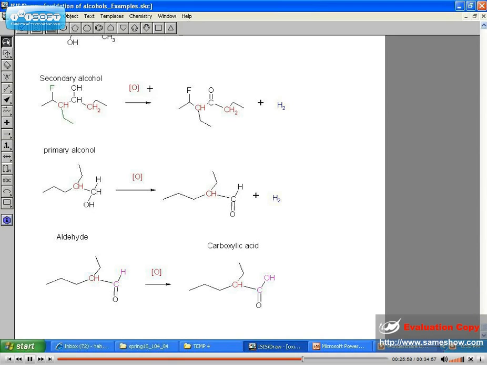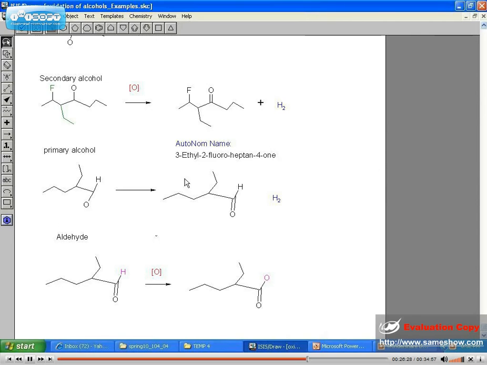Now, I could ask you to name these over here, which I think would be pretty easy. So this would be a 2-fluoro 3-ethyl 1, 2, 3, 4, 5, 6, 7 heptanone. And alphabetizing it really should be 3-ethyl 2-fluoro heptan-4-one.